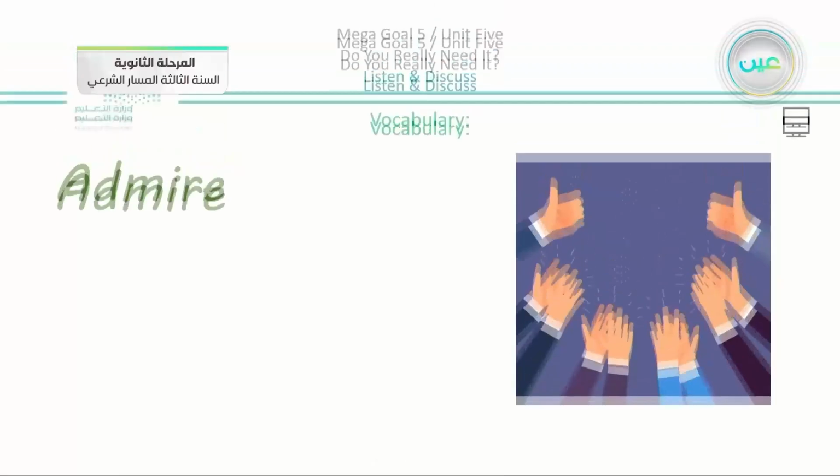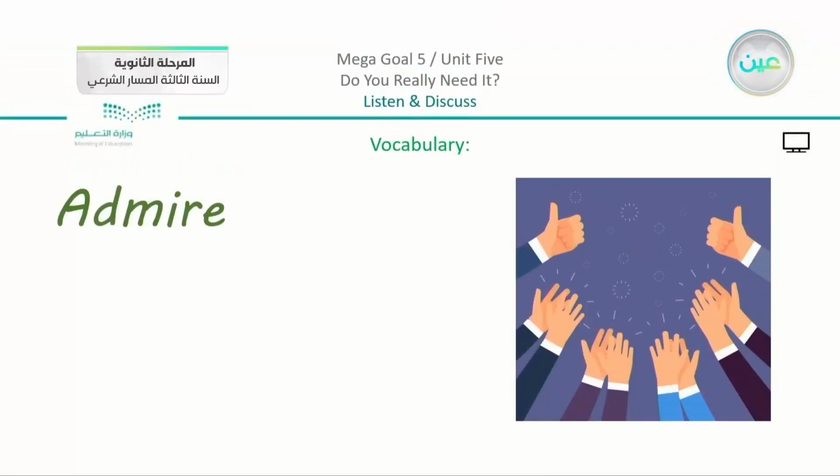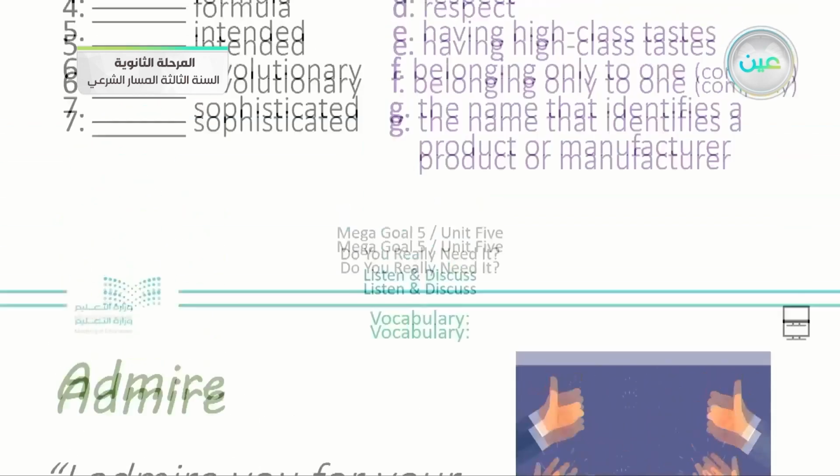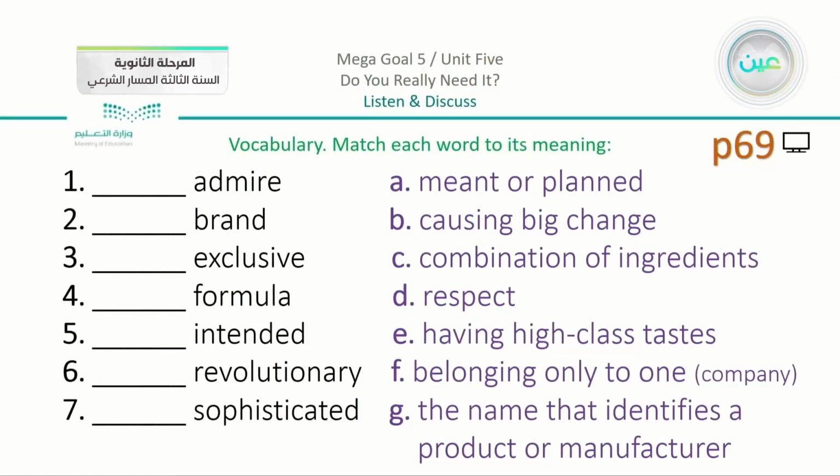So we have, this is the first word, and the second word, admire. Now admire also is a word that we have passed by before. Now we can say, for example, I admire you for your high morals. So going back to our exercise here, we have here something meant or planned, causing a big change, combination of ingredients, or respect.